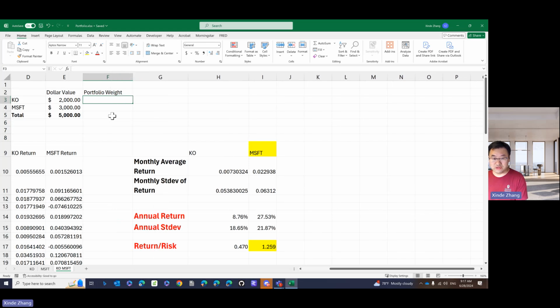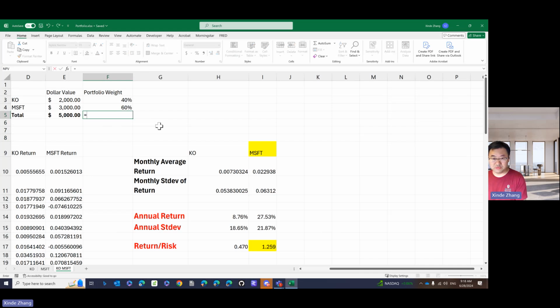The portfolio weight that I have for Coca-Cola is 40%. How do I know? 2,000 divided by 5,000, that's 40%. So I'm going to put 40% here. And for Microsoft, I have 60%. That's 3,000 divided by 5,000. And the total is always going to be 100%.